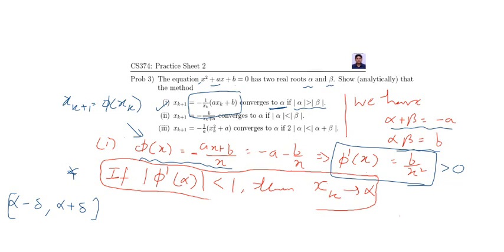You are considering the interval so small that it maps. We leave it as an exercise to verify that phi maps I into I. That's easy using the properties that phi is an increasing function and noting that 0 does not belong to I.